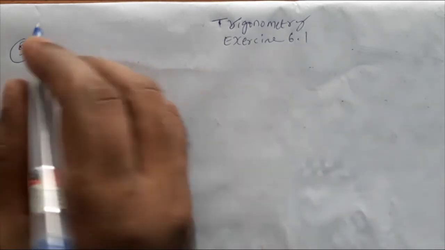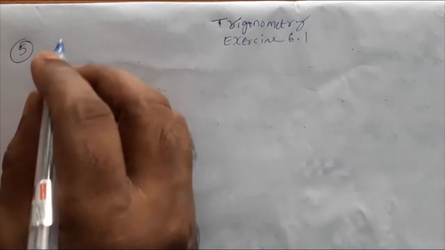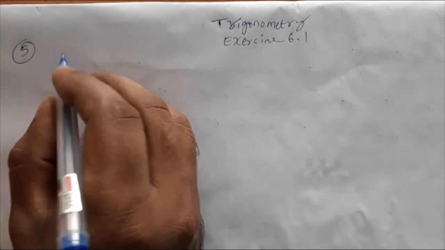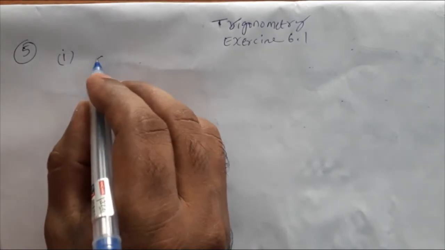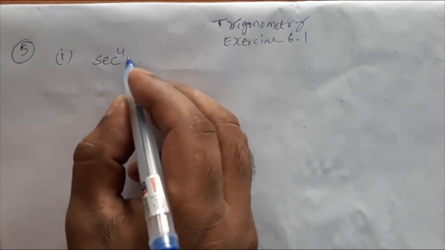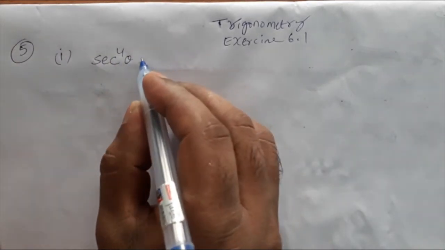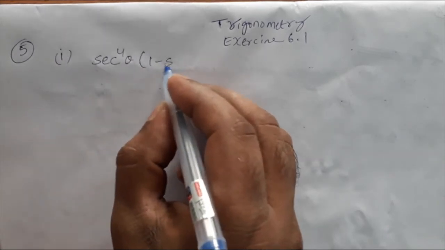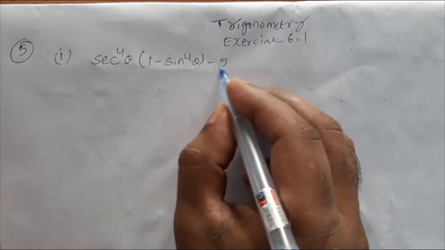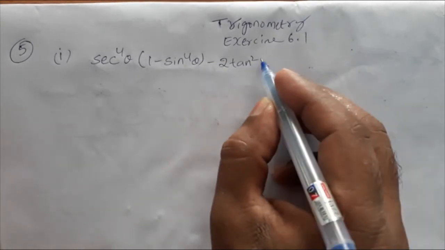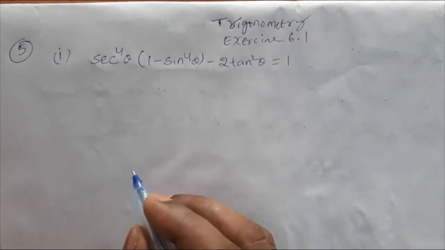In the fifth problem we have sub-problems, that is the first one: secant power 4 theta into 1 minus sine power 4 theta, minus 2 tan square theta equals 1.